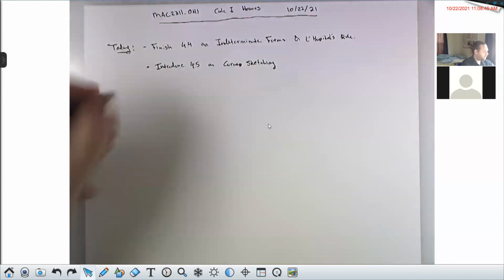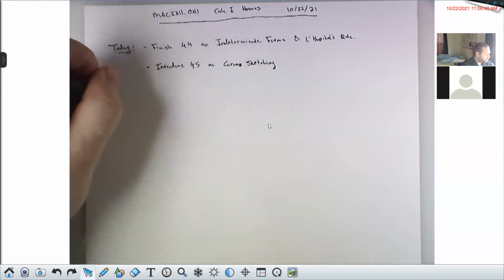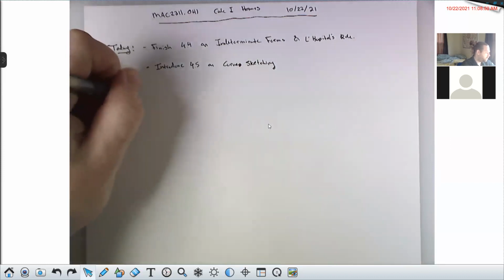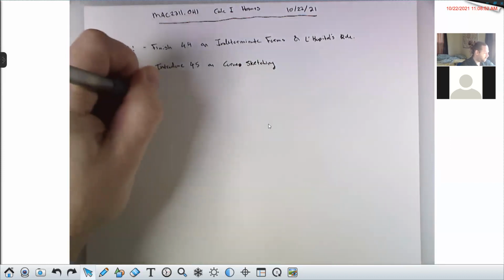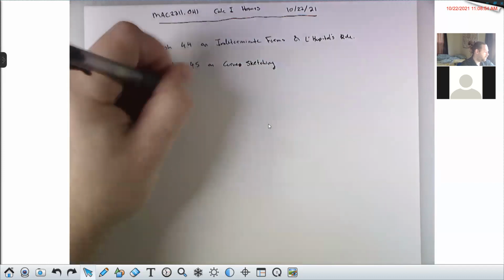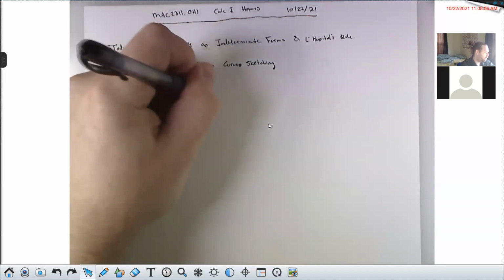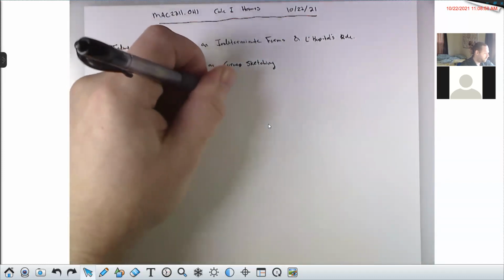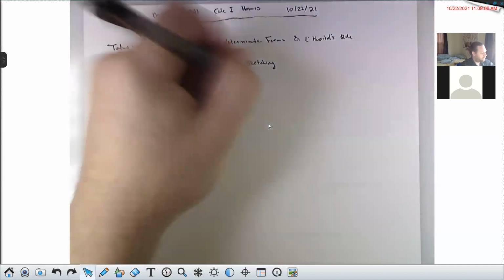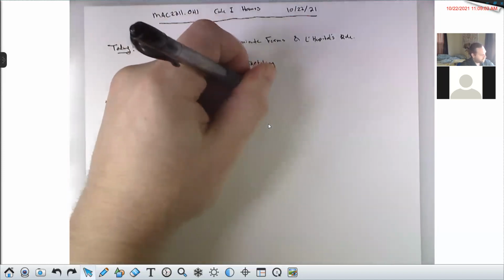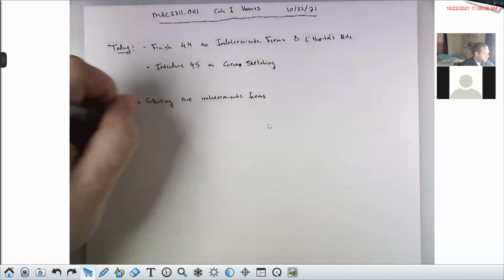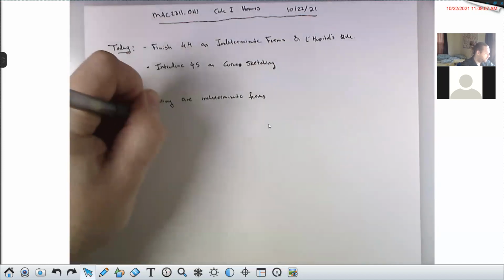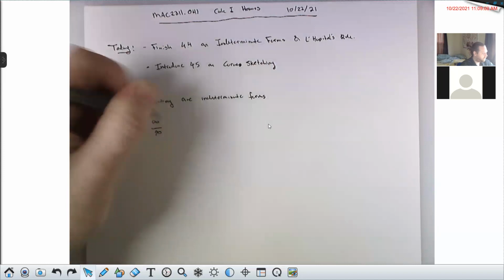So let me begin by saying, recall the following expressions are indeterminate forms. Certainly 0 over 0 and infinity over infinity.